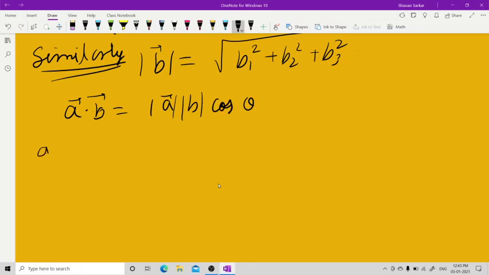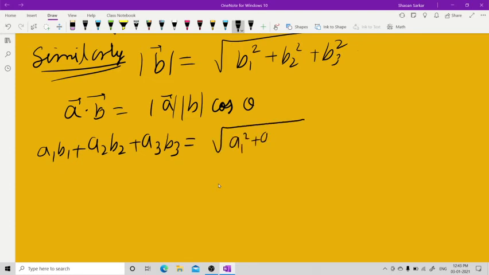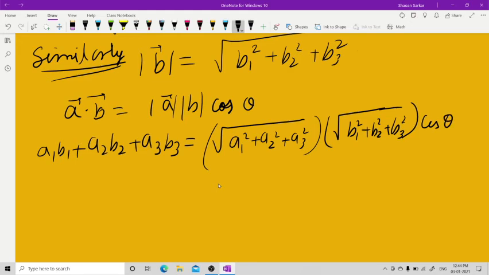Already I know what it is: A1 B1 plus A2 B2 plus A3 B3 is equal to under root of (A1 square plus A2 square plus A3 square), put a bracket because these are multiplications, under root of (B1 square plus B2 square plus B3 square), and cos theta.